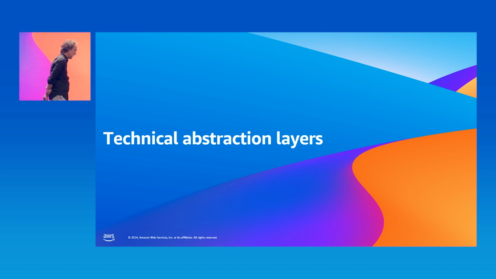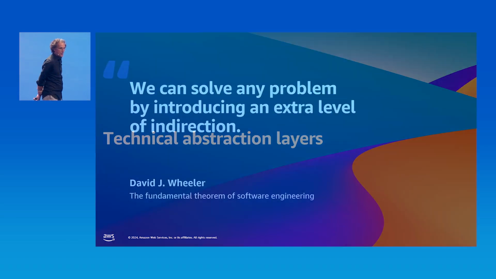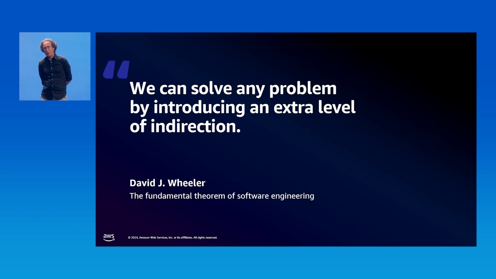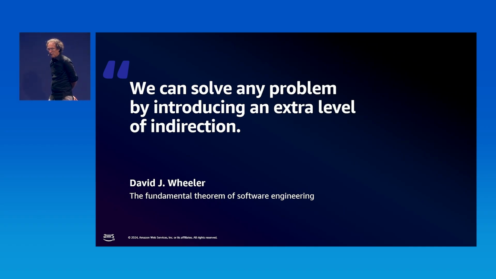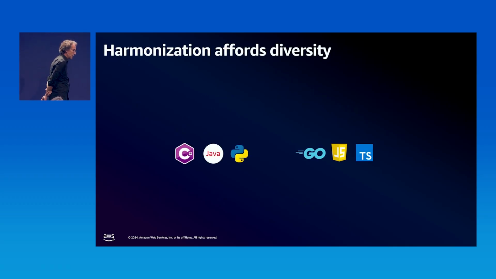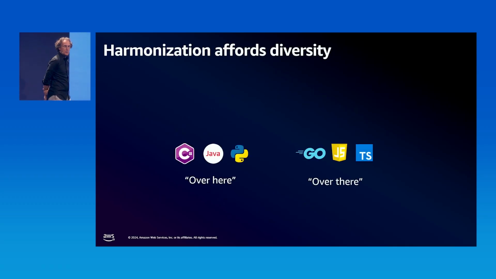And this approach is so common that it has actually been termed the universal theorem of software engineering by Andrew Koenig. And that is, can we solve everything by adding one more layer? And we have living proof that this works. So let's say we have different teams, and different teams prefer different programming languages.